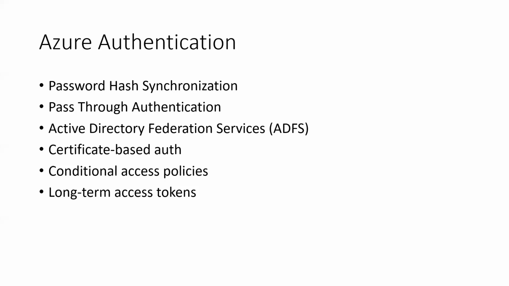You can also do certificate-based authentication, which we touched upon in the service principal discussion. There are conditional access policies, which you can create to have certain conditions, like always require MFA for this group. It's a type of policy which is customized for certain scenarios.